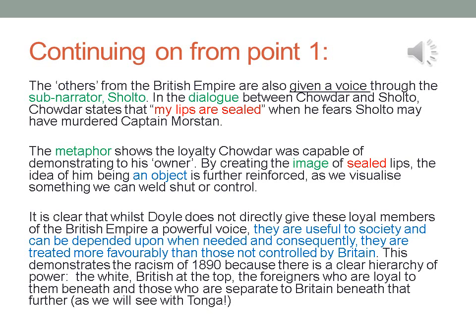And that's why they're treated more favourably, but they're not given equality in comparison to other characters, for example the white British characters. And whilst at the moment this seems awful, we see in a minute how Doyle uses this image and then challenges it in order to make people consider their racist views in Victorian Britain.